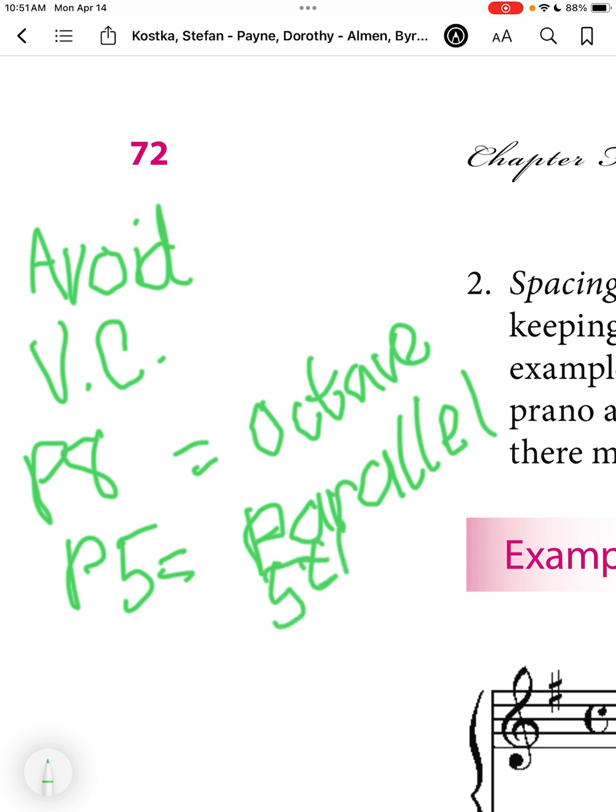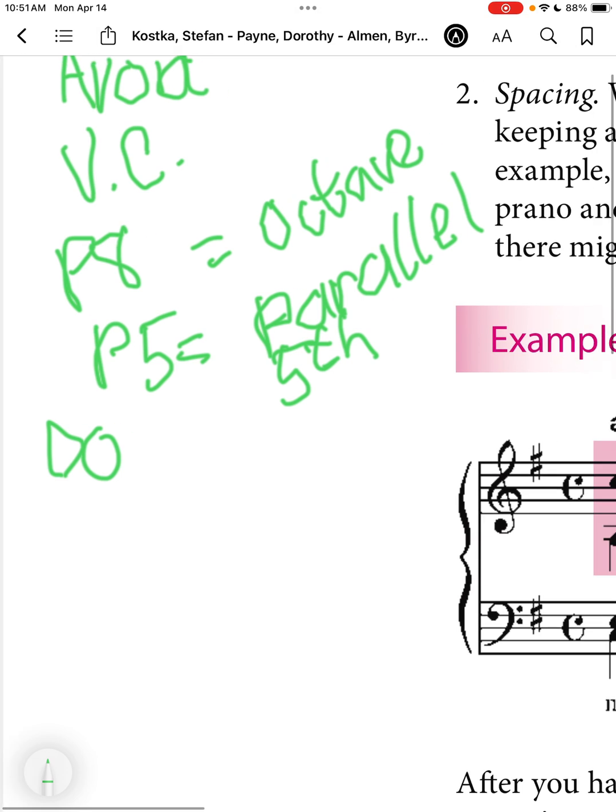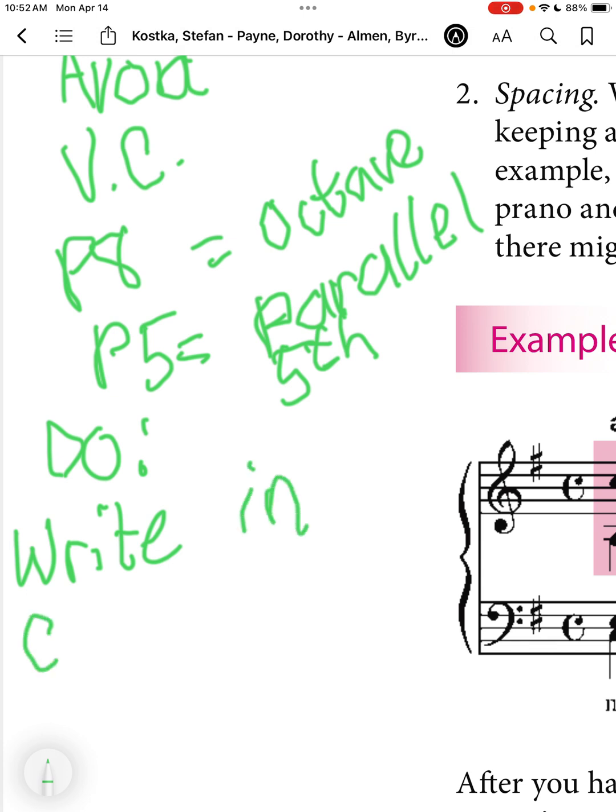And you always want to move in contrary motion.